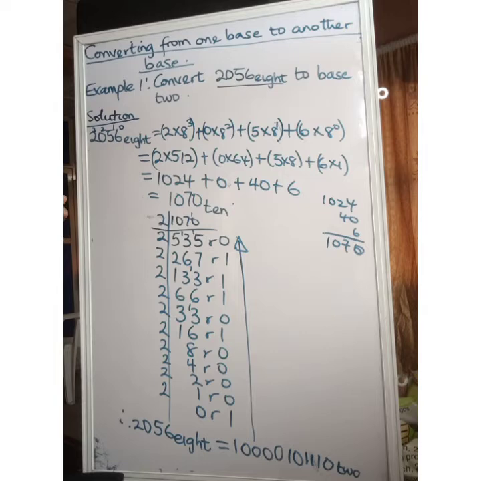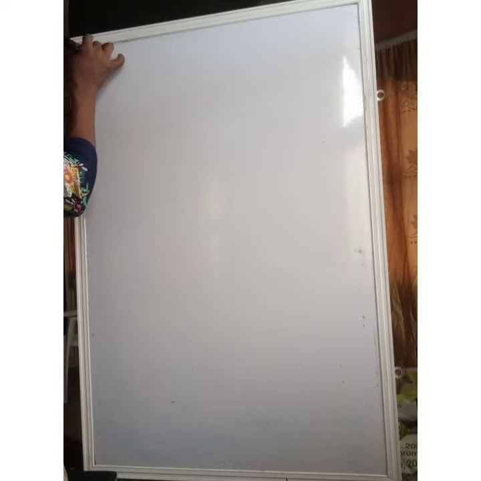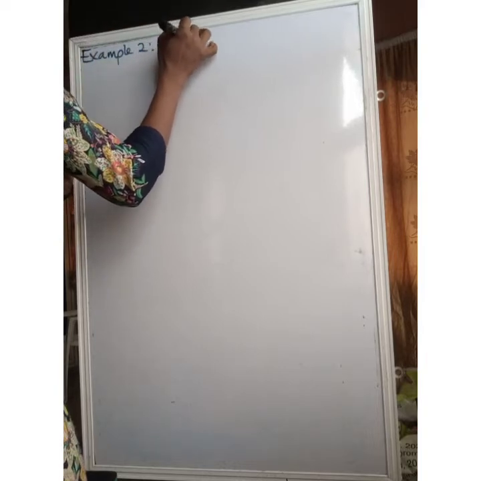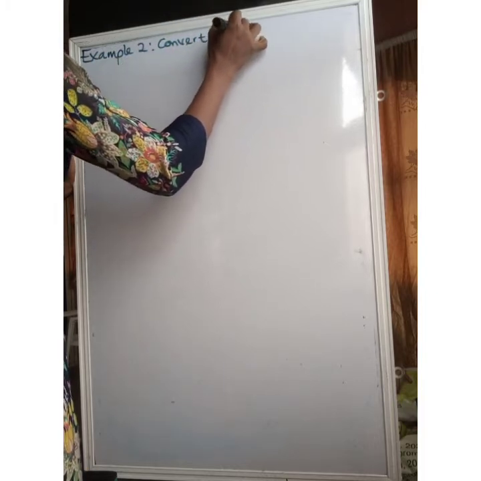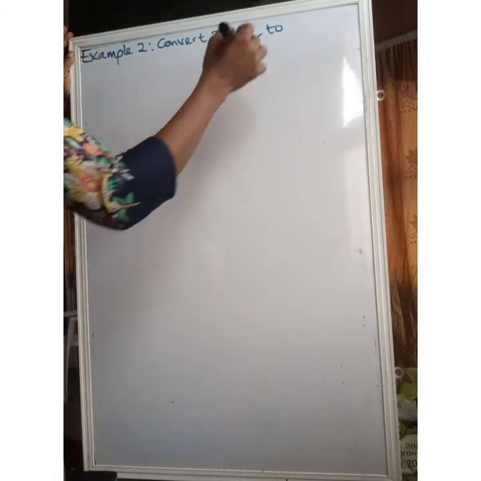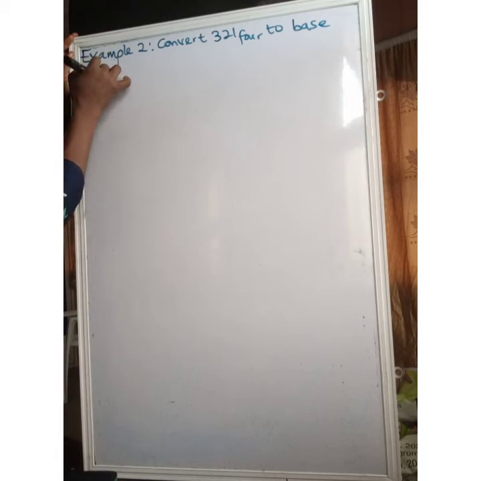So let's go to the second example. Our example 2 says convert 321 base 4 to base 8. Now you see that one is not even going to base 2.